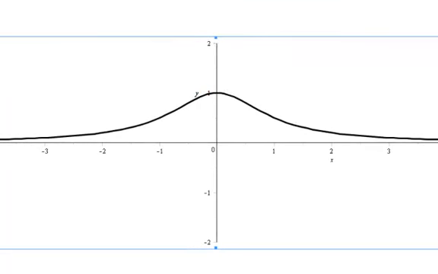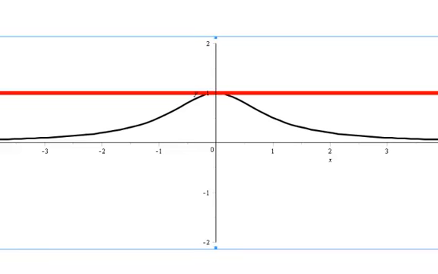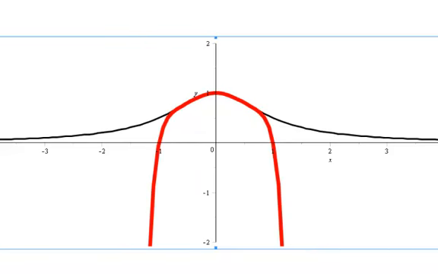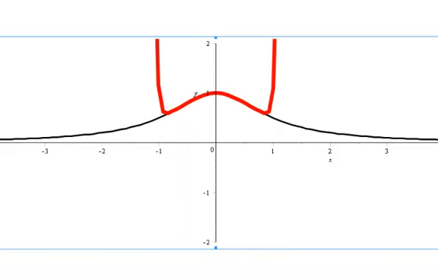So here's the function 1 over 1 plus x squared, the first of our two bell curves. If we plot the tangent line at 0, the center, we get that tangent line, but as we add more terms to get better and better polynomial approximations, we get a little bit more accuracy with each step.